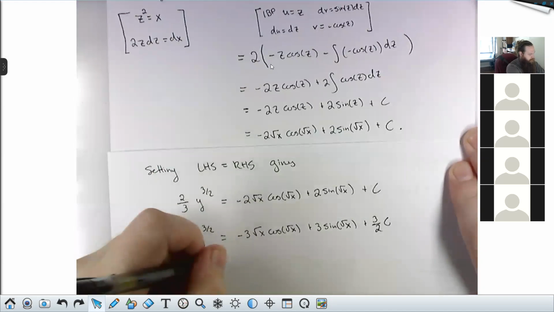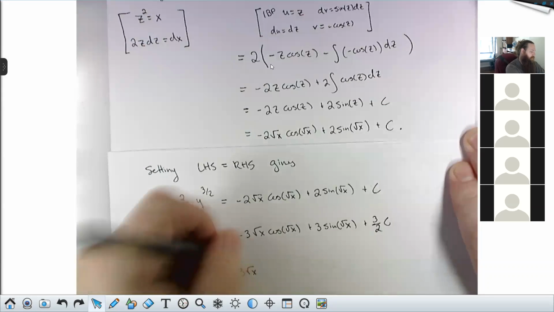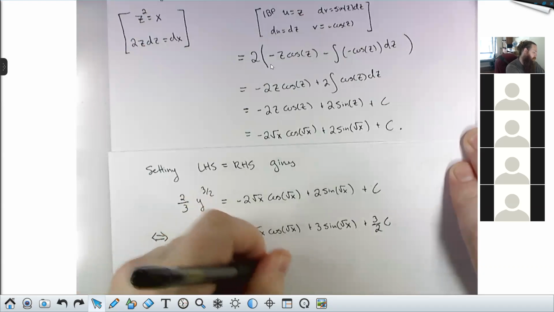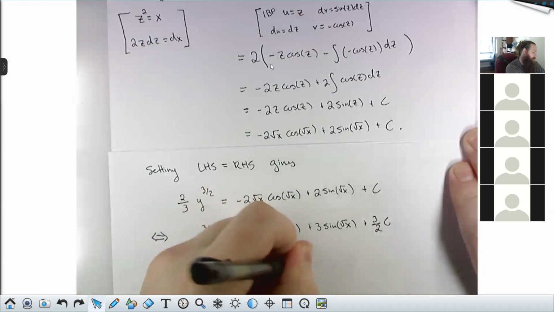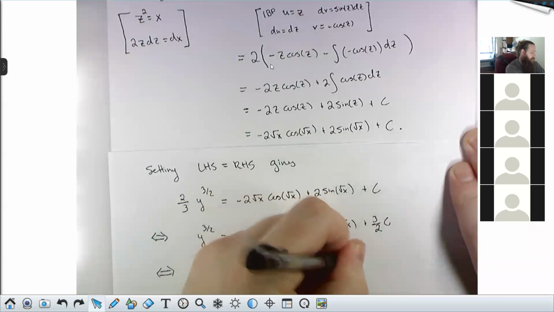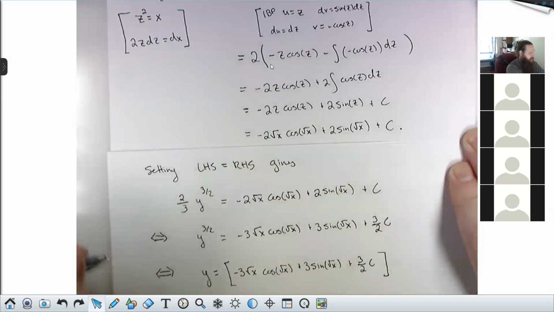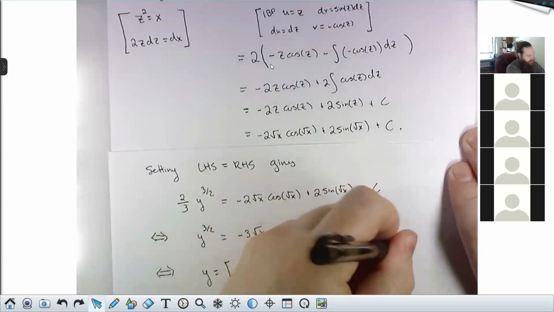I get y equals negative 3 root x cos root x plus 3 sine root x plus 3/2 c, all raised to the power of 2/3.